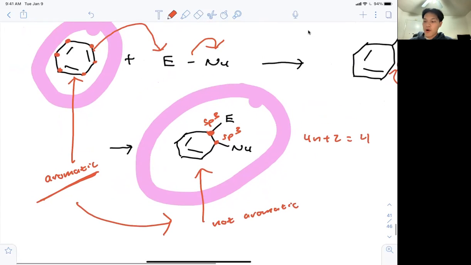I told you before that molecules want to be aromatic because their charge is evenly distributed, everything is fine. But now, if we react it with an electrophile and nucleophile, we have something that's not aromatic from something that was aromatic. So in that case, this reaction is really not favorable.